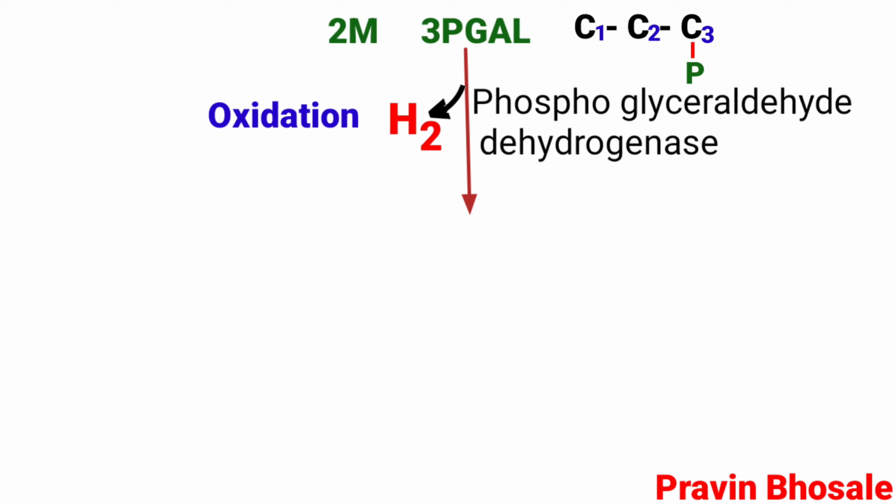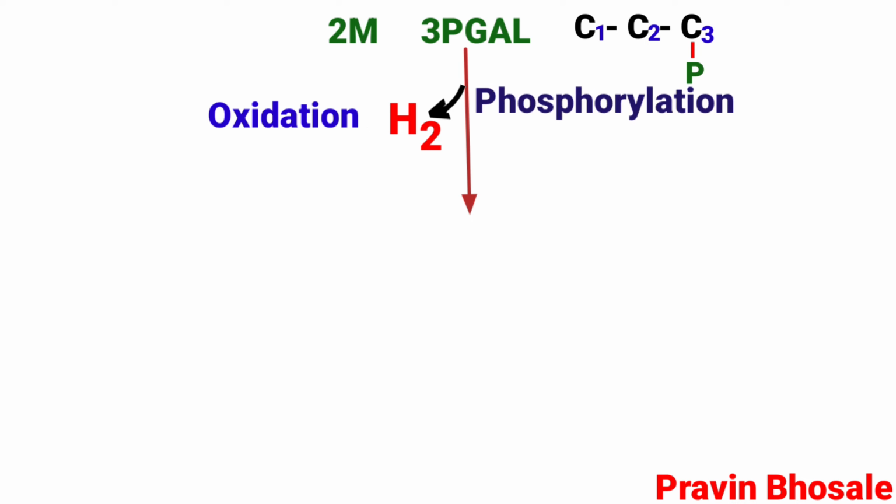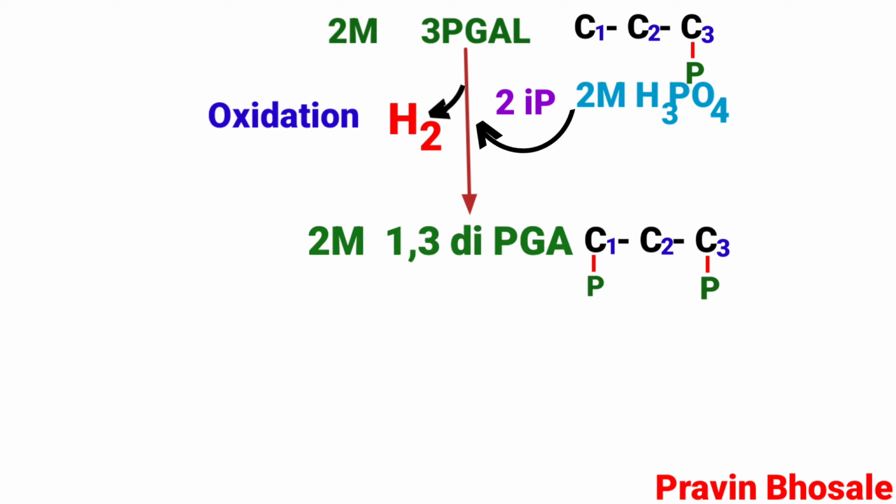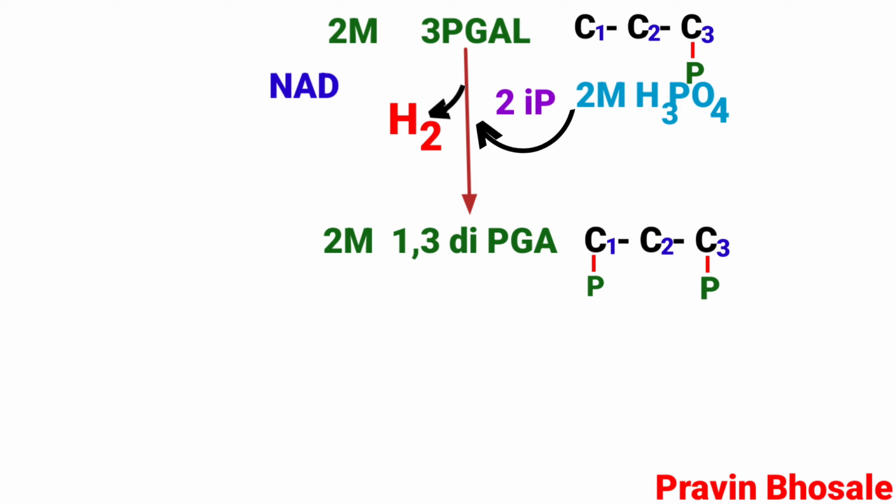Simultaneously it undergoes phosphorylation, that is, inorganic phosphate gets incorporated to give 1,3-diphosphoglyceric acid. During this reaction the coenzyme NAD takes up 2 protons and gets reduced to NADH2.